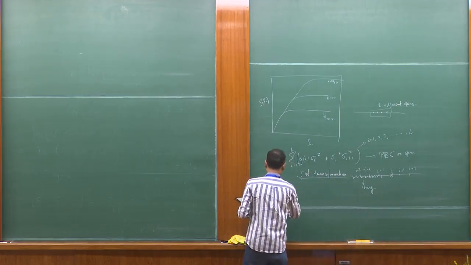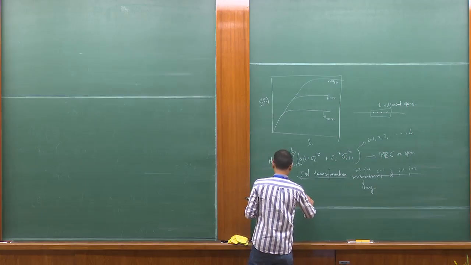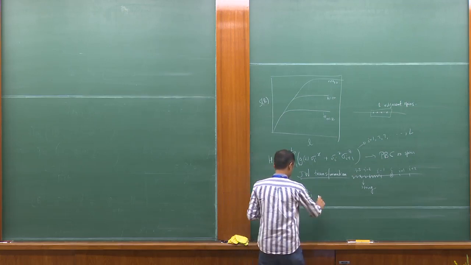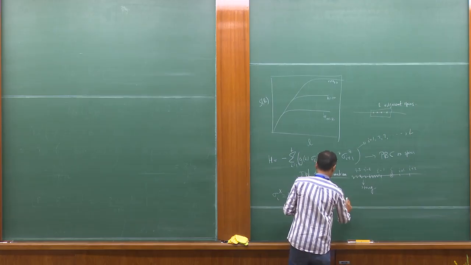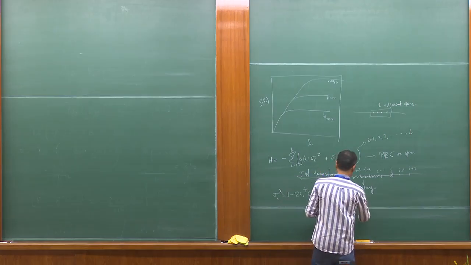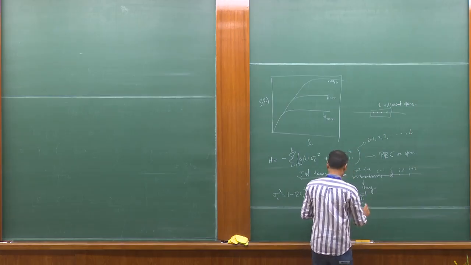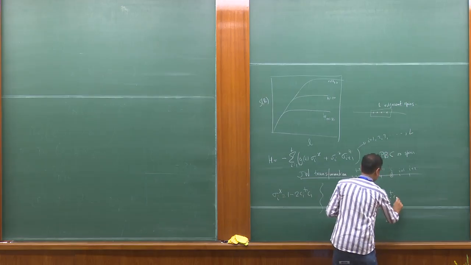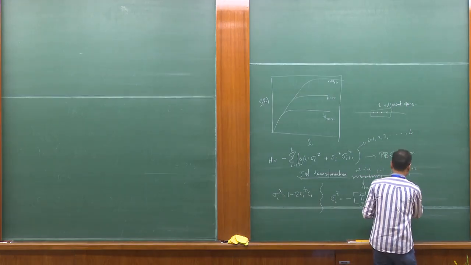The transformation is from spins to spinless fermions. That's the first step. So c_j dagger, this is j.